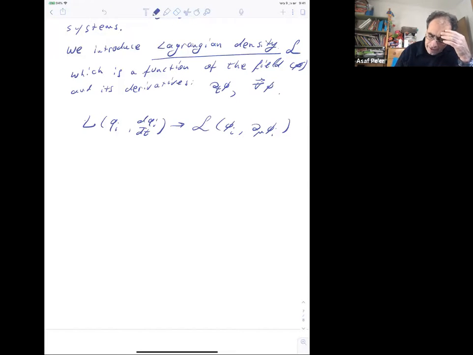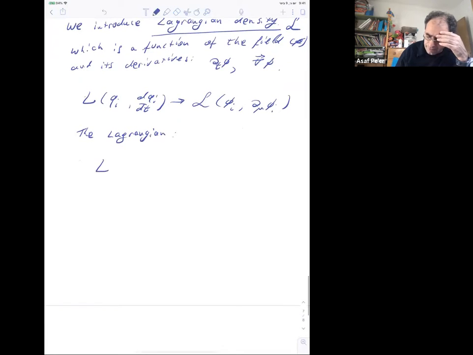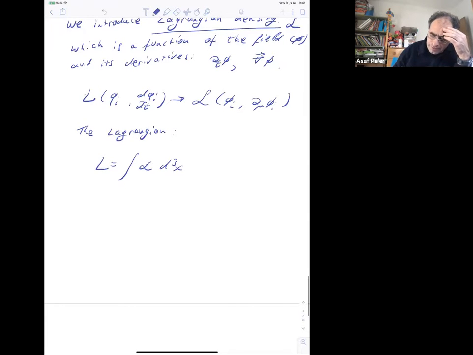So we can always define the Lagrangian by integrating over the Lagrangian density, integral of L over space, right? So you take a volume element and you integrate the Lagrangian density and you get the Lagrangian. And if you want to get the action, it's integral from T1 to T2 dt, integral L d^3x.